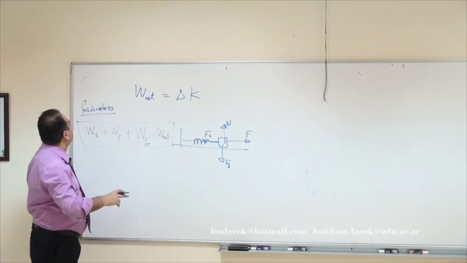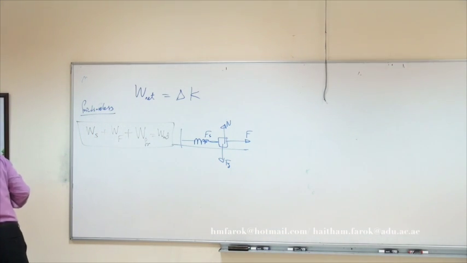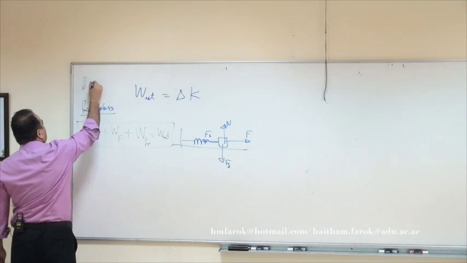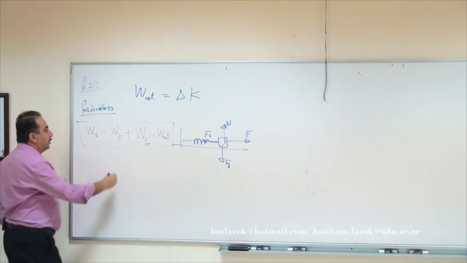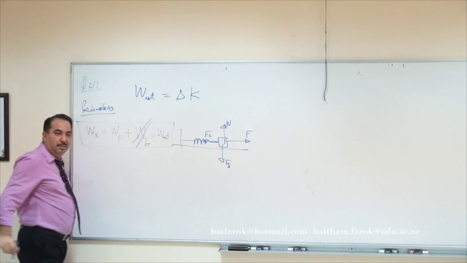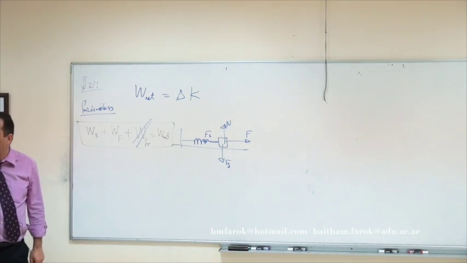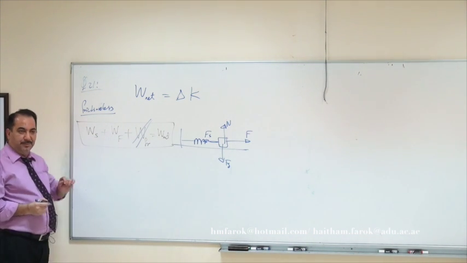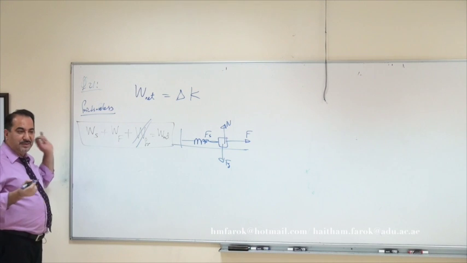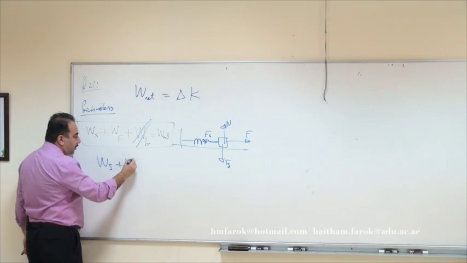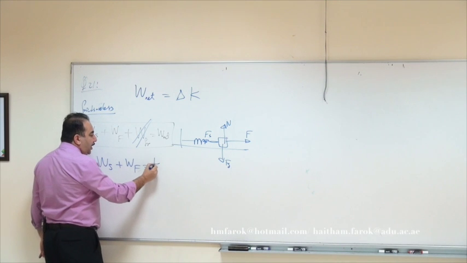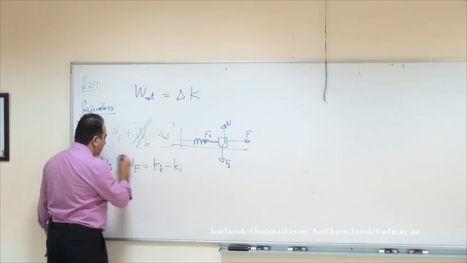So for our question number 21, do we have friction? No, so this is out. Do we have an applied force? Yes, so it stays. Of course, we have a spring. So what is my equation in this question? Ws plus Wf equals kinetic final minus kinetic initial.